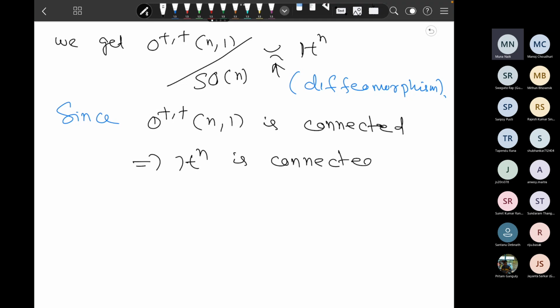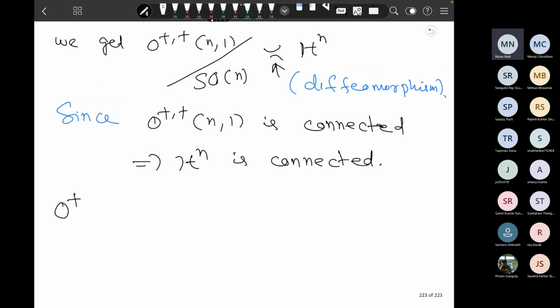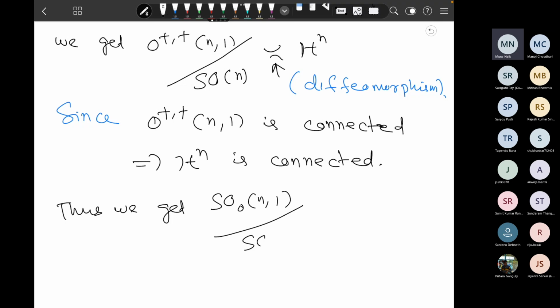So I proved this H^n is connected, and this H^n is equal to O^{++}(n,1) acting on the point. But O^{++}(n,1) is SO_0(n,1). So thus we get this SO_0(n,1) mod SO_n is really H^n.